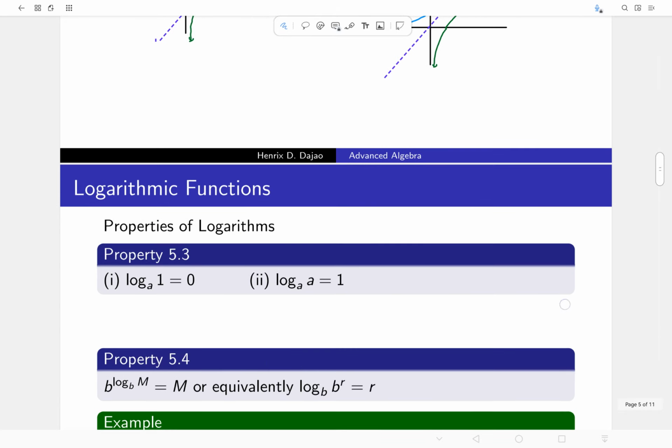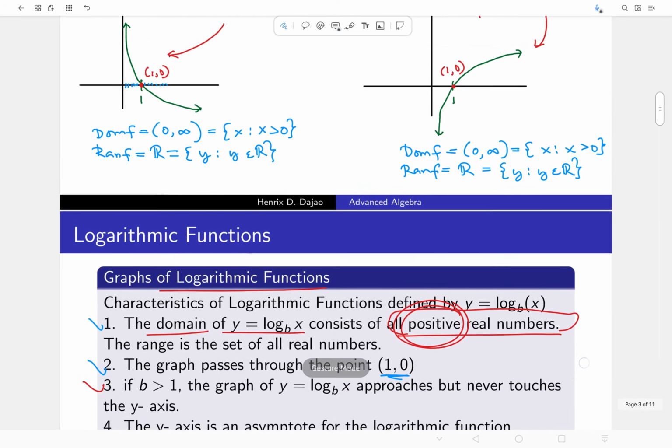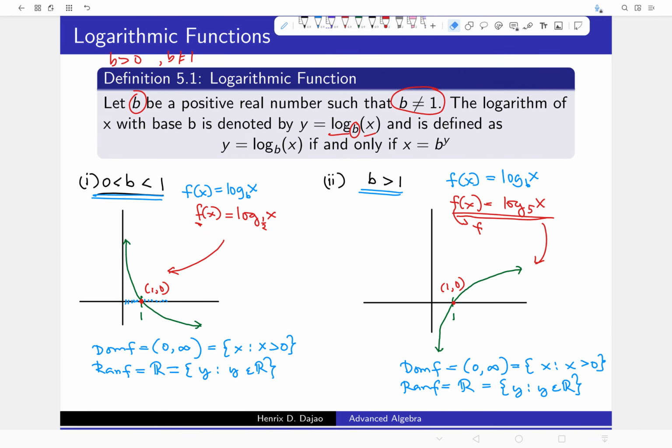Remember the value of a here is greater than 0, and of course our a should not be equal to 1. So why is it that the logarithm of 1 with base a is 0? By definition, you will see that this expression is just equivalent to this because of this if and only if.